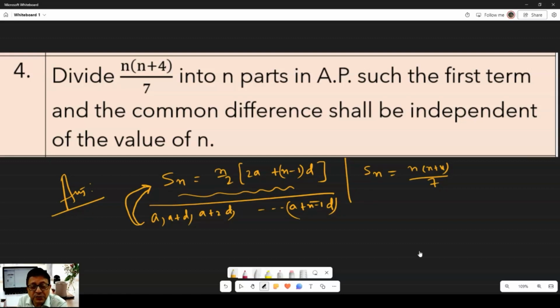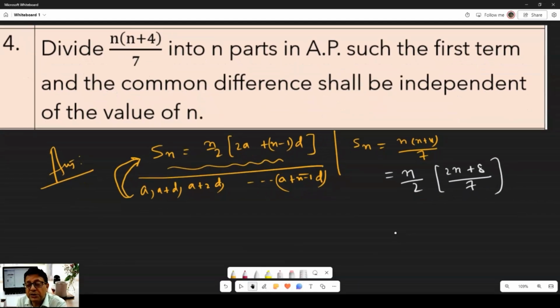I need an n by 2. So my effort will be to write n by 2 first. So this will be (2n plus 8) by 7, going to get this form, I told you. So this is equal to n by 2 times twice a, I need. 2 is there. You write 2 into n by 7.